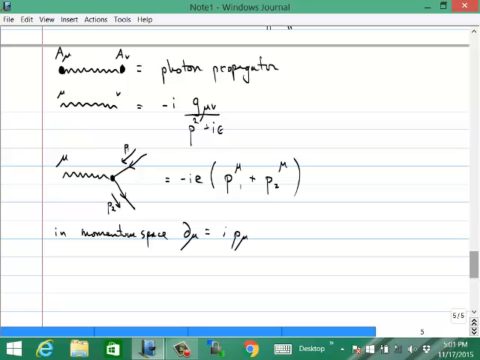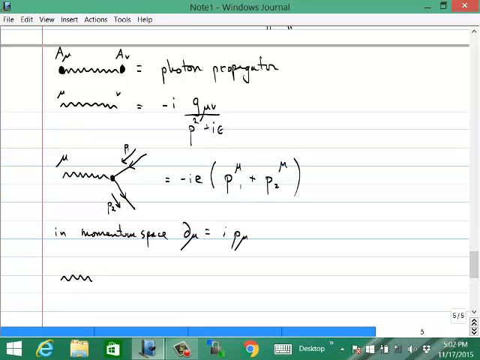And it's only by keeping track of all of the careful signs that you're going to be able to come to a very elegant conclusion. So I don't think I'm going to go through the argument in complete detail here, because you're going to go through it for your problem set anyway. But I'll just say that, as hopefully it's clear, every time you have a derivative interaction, you bring down a factor of the momentum. And then you have to go through the derivation of the Feynman rules a little bit carefully to make sure that you get all of the signs correct.